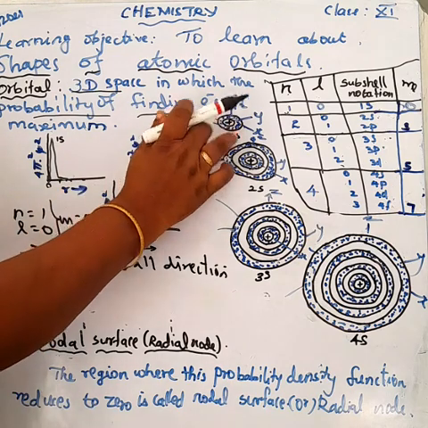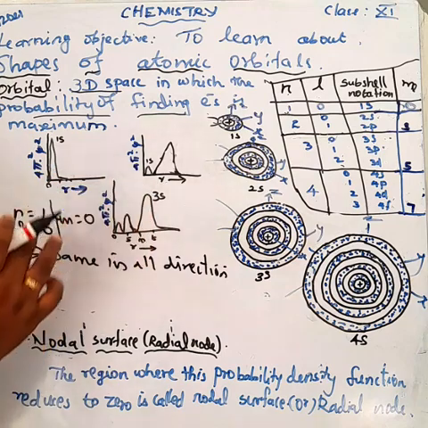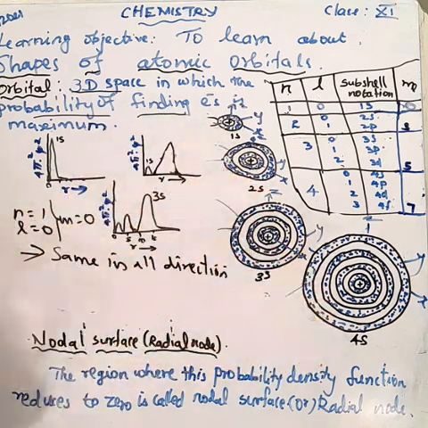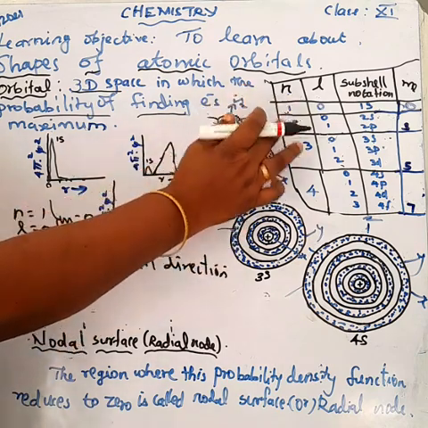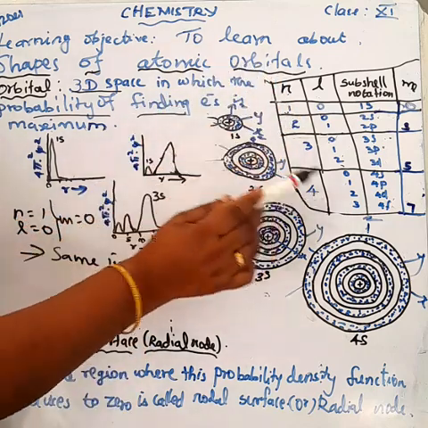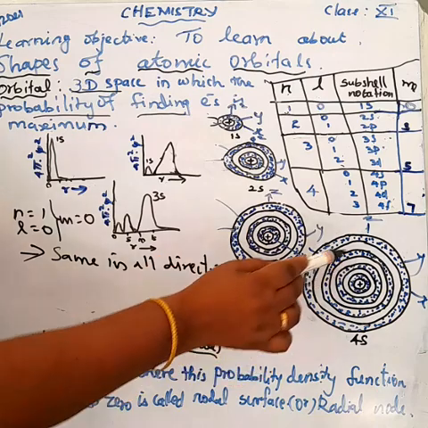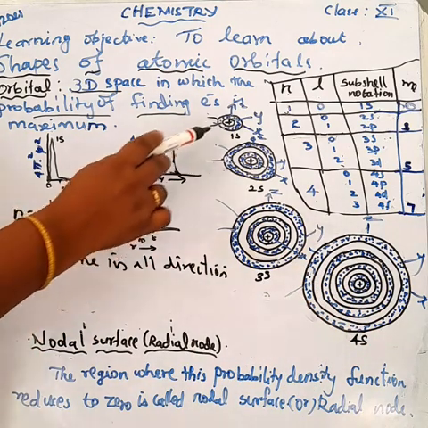Then, the greater the value of n, the larger is the size of the orbital. N means principal quantum number. When the value of n increases, the size of the s orbital increases.